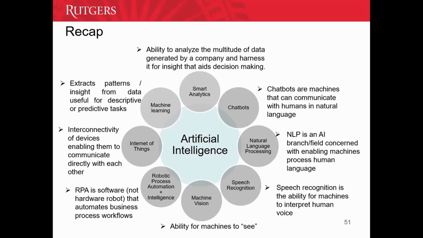And then machine vision is the ability for machines to see, just like the self-driving cars. And we talked about in business, optical character readers. And then robotic process automation with an intelligence layer is the ability for robotic process automation, which is software, to automate business process flows.